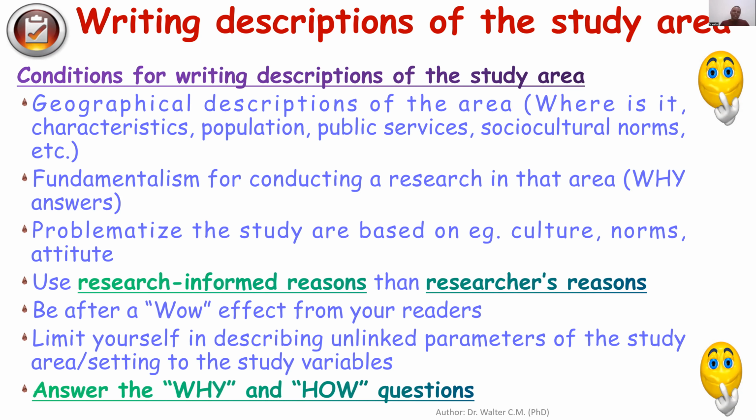And then all these geographical descriptions depend on the topic under study, the variables that you have, and the study population that you have. So for instance, we are studying maybe people from Tanzania. We have the region which is Dodoma.